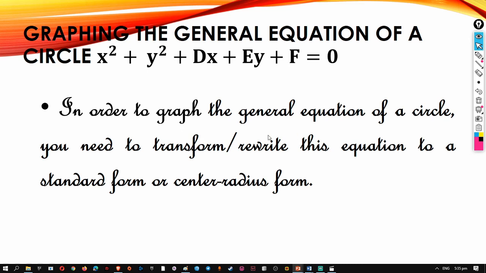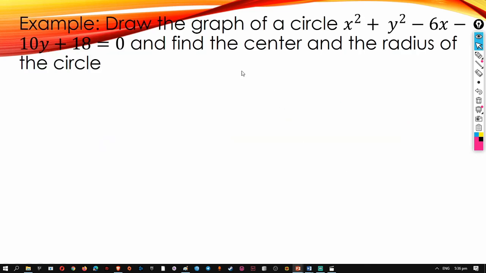So, in order to graph the general equation of a circle, you need to transform or rewrite this equation to a standard form or to center radius form. Example, draw the graph of a circle x squared plus y squared minus 6x minus 10y plus 18 equals 0 and find the center and radius of the circle.